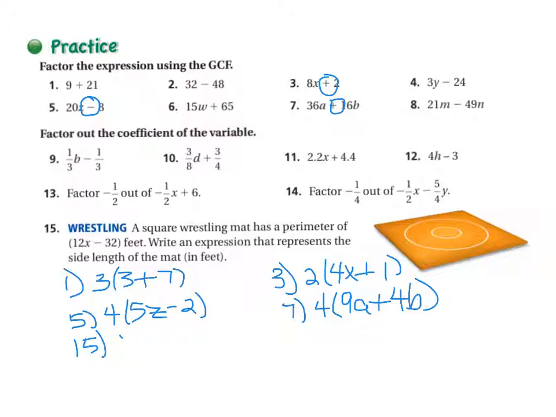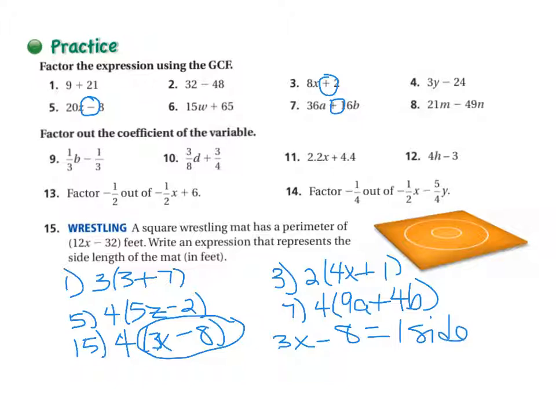We put the 4 outside the parentheses, and 4 times 3x is 12x, and 4 times 8 is 32, and there's a subtraction sign in the middle. Then it says to write an expression that represents the side length. So this represents all the sides, and so just this part is one of the sides. So 3x minus 8 equals 1 side.